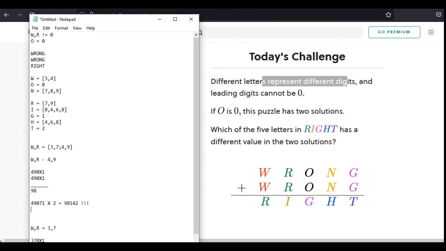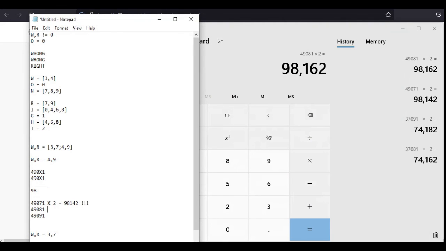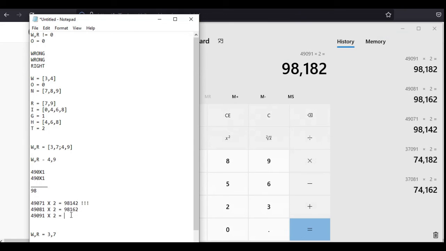What about 49081 and 49091? 98160 and 98182.